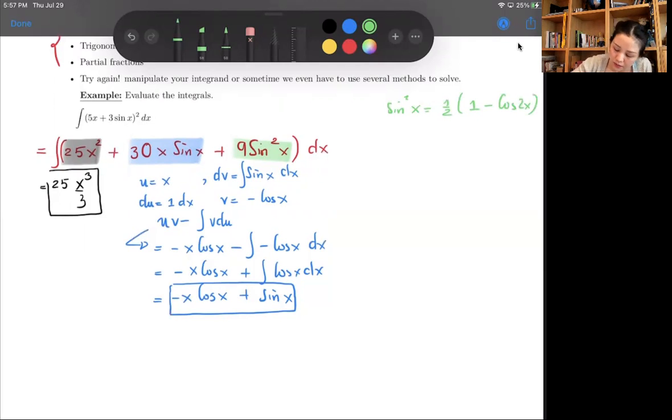Okay, so this one right here is 9. I'm going to bring the 9 to the front. The integral of sin squared x is 1/2, right, 1/2 times 1 minus cosine 2x dx. Or we have 9/2 times the integral of 1 minus cosine 2x dx.